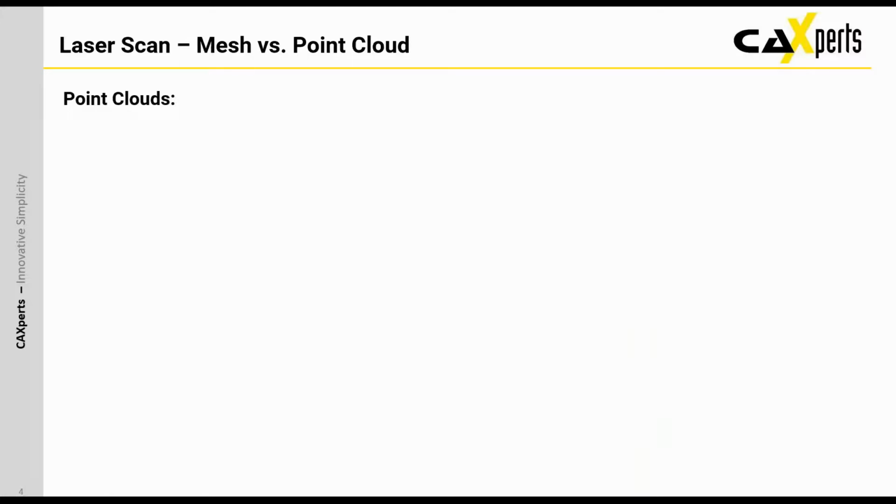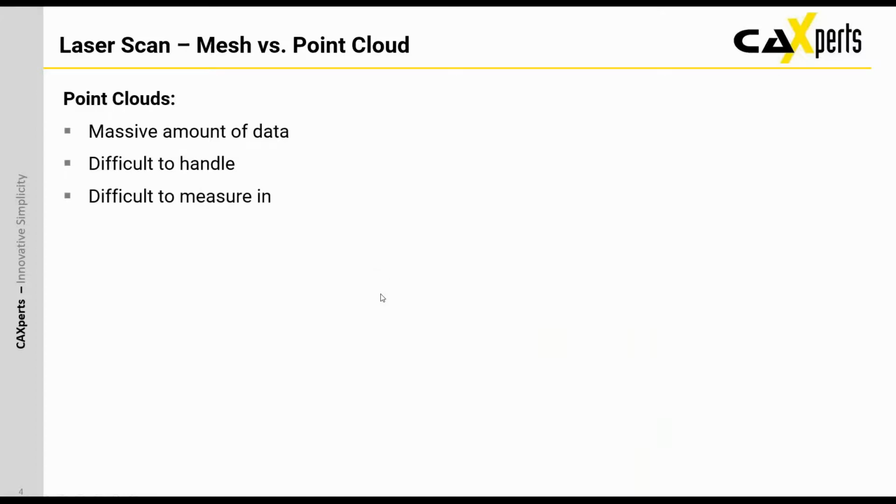So what are the differences between laser scan mesh versus point cloud? Well, point clouds do have a massive amount of data, are mostly difficult to handle, difficult to measure because it's hard to actually hit the exact point of measurement that you want to choose.